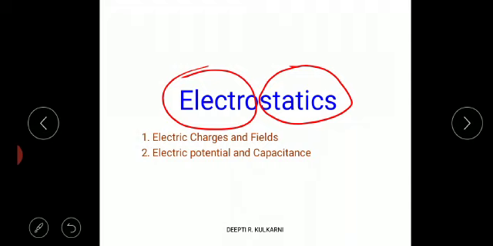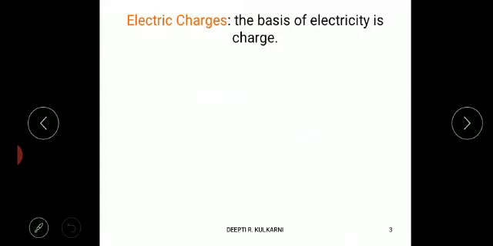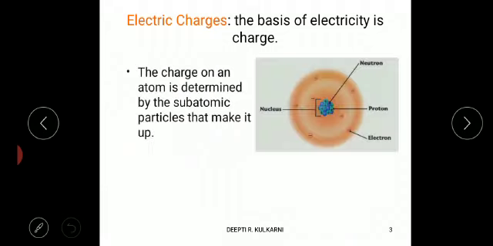Let us try to understand what are electric charges. Electric charges are the basis of electricity. So here in this picture you can see atom and subatomic particles like proton, neutron and electron.